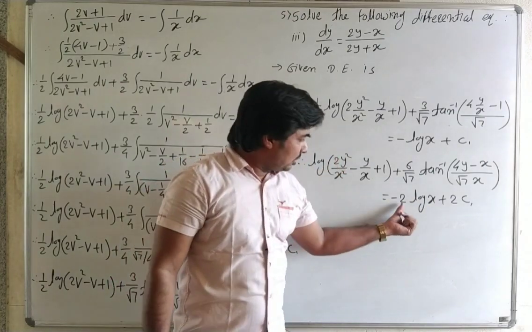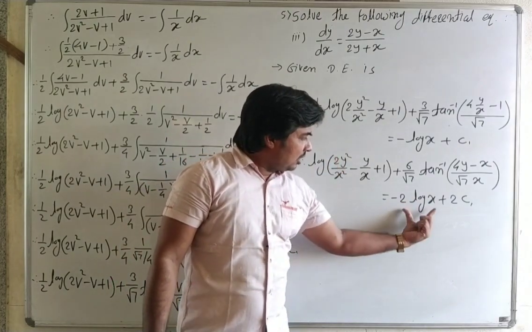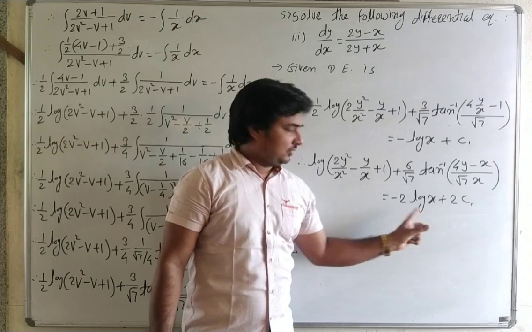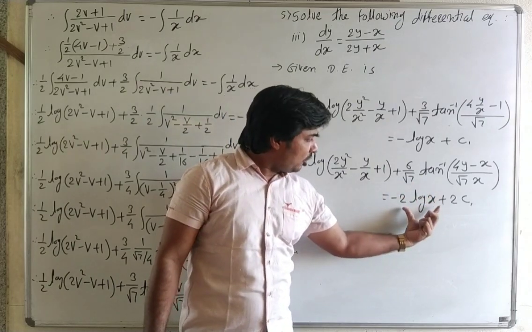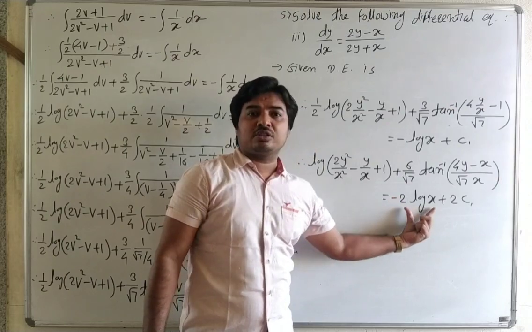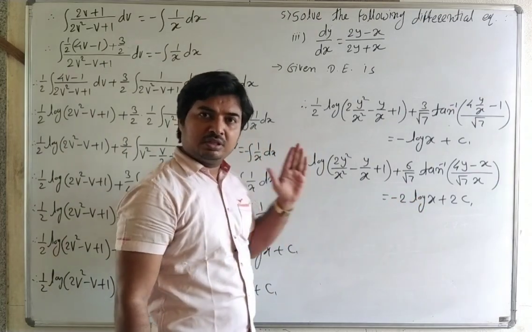See carefully, this 2 log x means log x square. We can write 2 in the power of x. It is minus log x square. We can write minus log x square in the LHS.